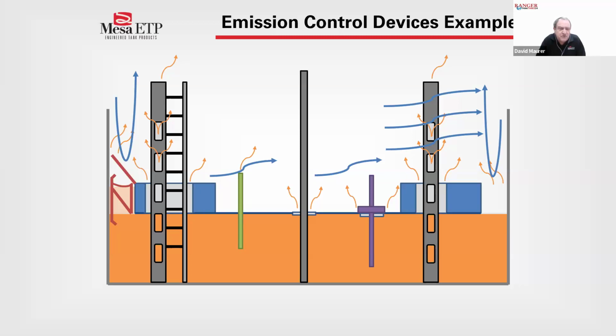And then we have a piece of fabric running from the top of the shoe to the rim. And that effectively covers up that area. Additionally, there's a secondary seal on here where it just kind of acts as a secondary containment to that primary shoe seal.